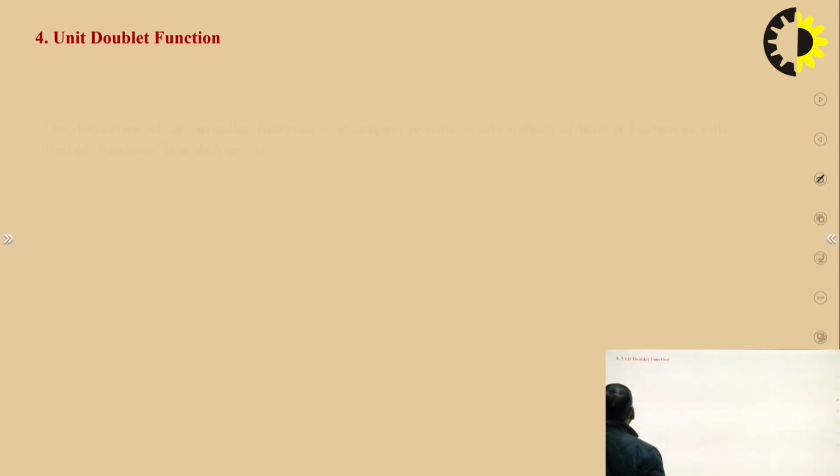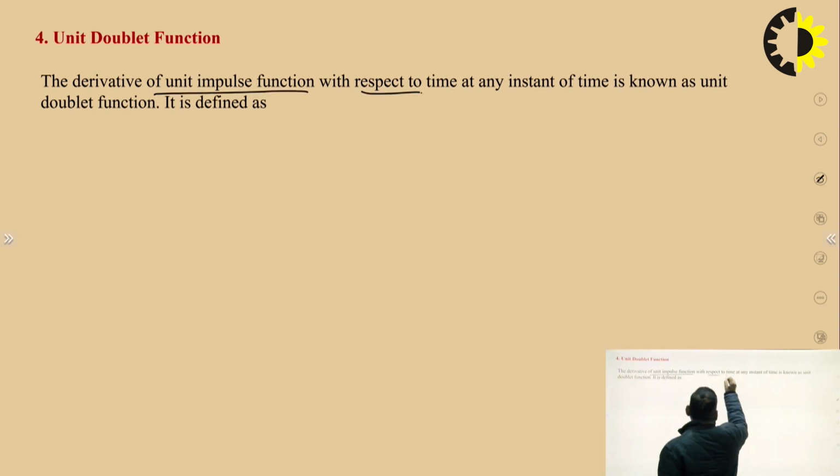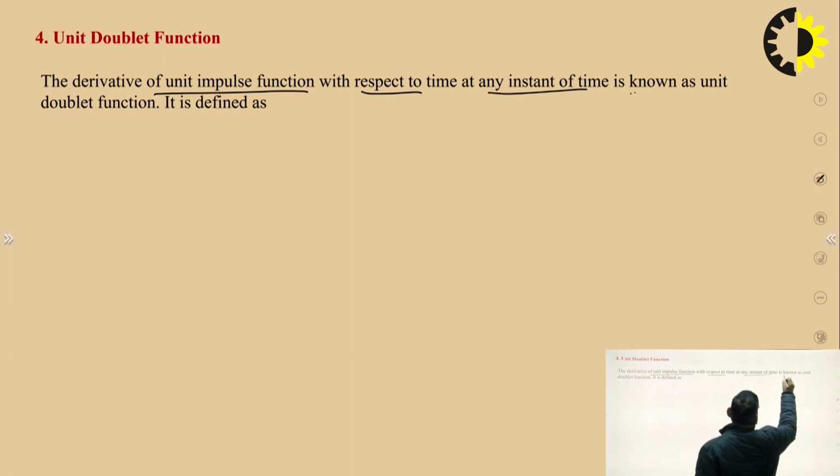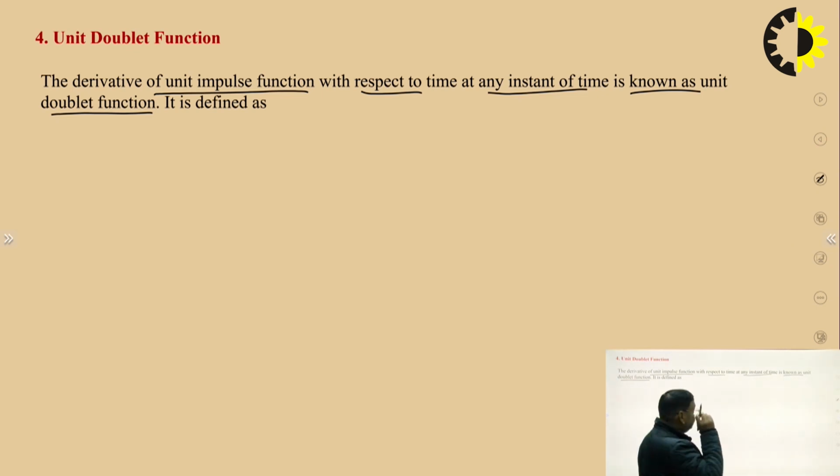Now come to the fourth one, unit doublet. The derivative of unit impulse function with respect to time at any instant of time is known as the unit doublet function. So this is the definition of unit doublet function.